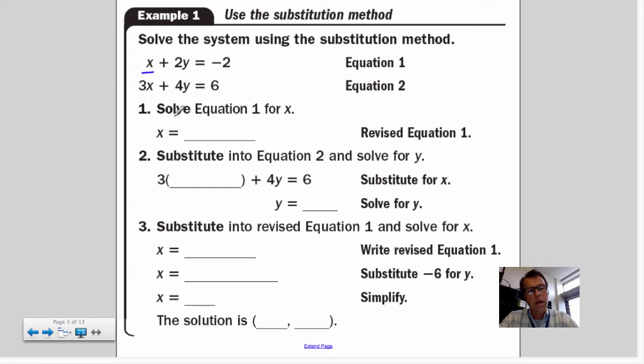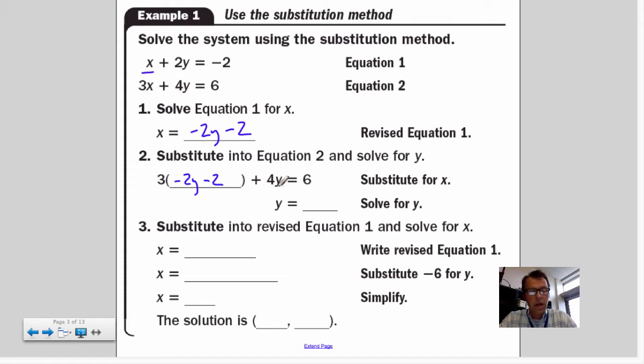So if we solve equation 1 for x, we will get x equals negative 2y minus 2. And then we take that equation and substitute it into the second equation for x. So instead of writing 3x plus 4y, we now write 3 times, again, x is equal to negative 2y minus 2 from the first equation.